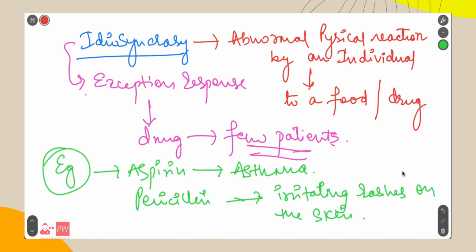So these are called the exceptional responses, which are noted in a few patients. It will not show in all the patients. It is not a common response or a common reaction. It is an exceptional response or reaction which shows in a few individuals, in a few patients only. So this is called idiosyncrasy.